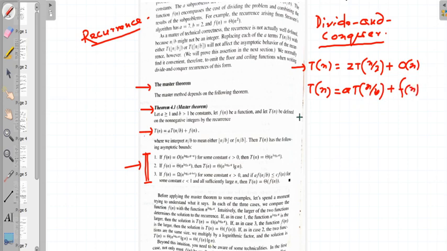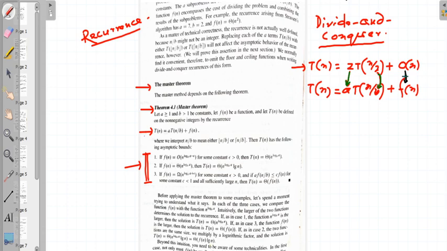Here 2 is our a, and 2 is our b, and this order of n is our f(n).